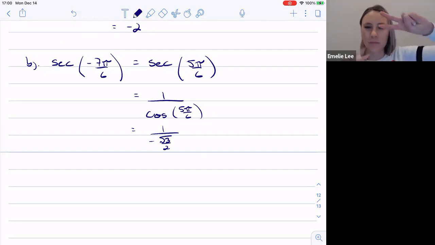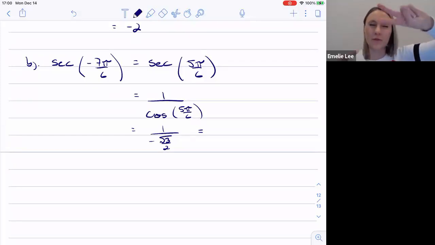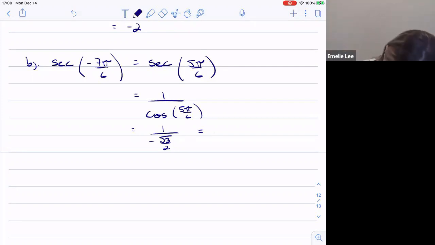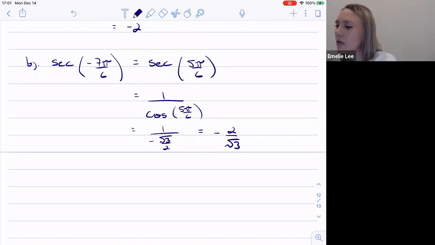If I flip and multiply, 1 over 1 times 2 over root 3, and then it's negative, so I get negative 2 over root 3. Hopefully that's what it's supposed to be, but who knows.